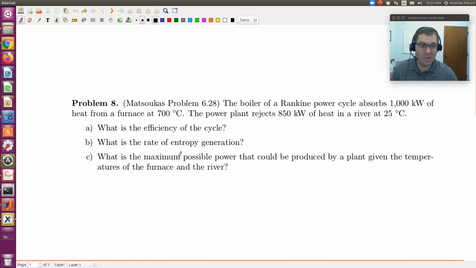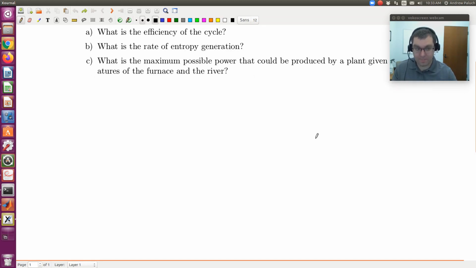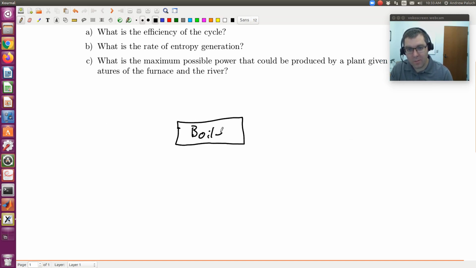So let's start with a picture. Let's label what we have and let's go from there. Okay, so if I try and draw my Rankine cycle, I'm going to have my boiler, which receives heat from my hotter body.